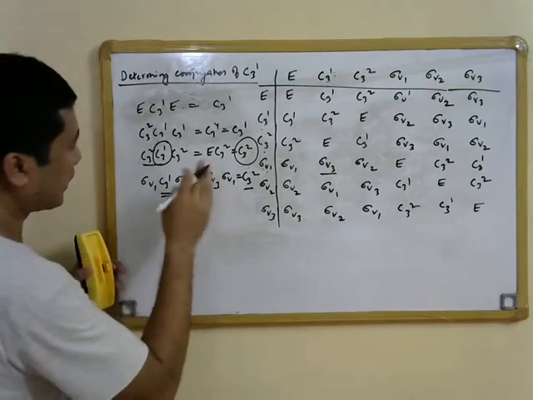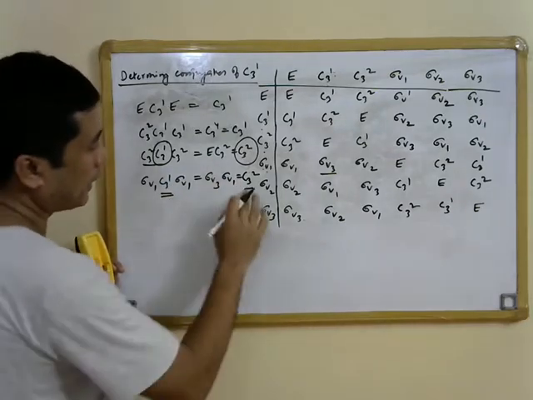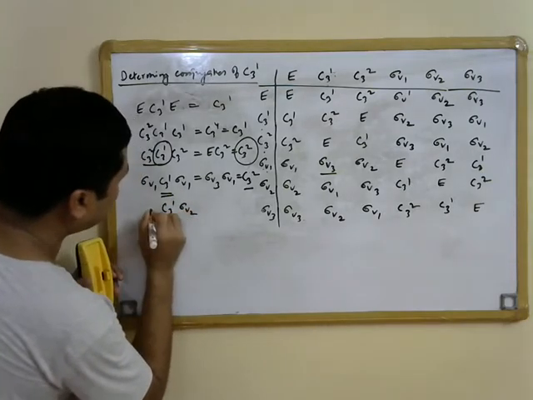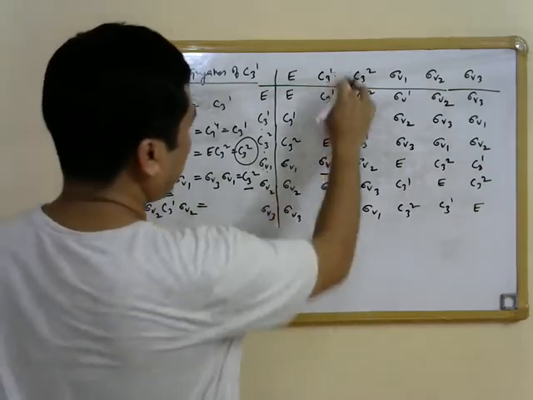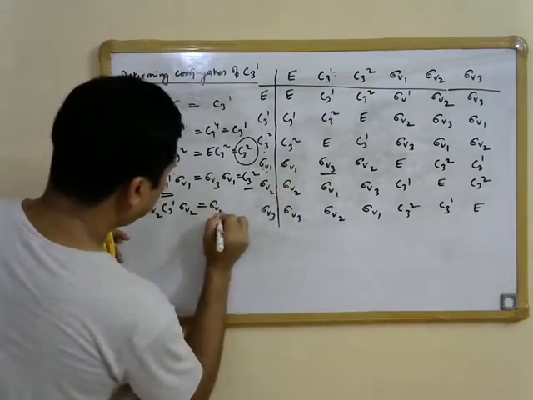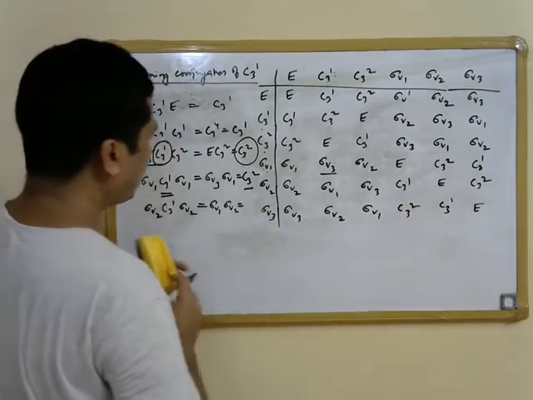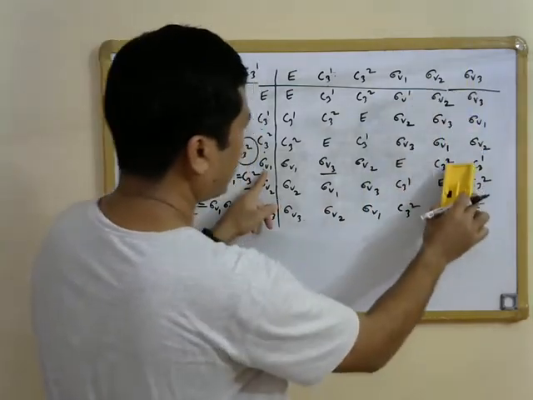So when we do similarity transformation on C31 by sigma v1, we get the answer as C32. So next one, sigma v2, C31, sigma v2. Sigma v2 C31 is sigma v1, and then sigma v1 sigma v2 is equal to C32.